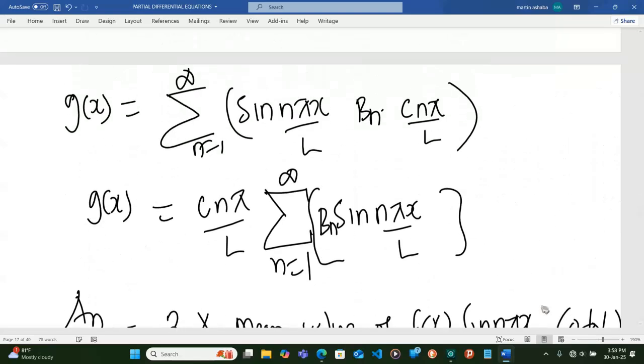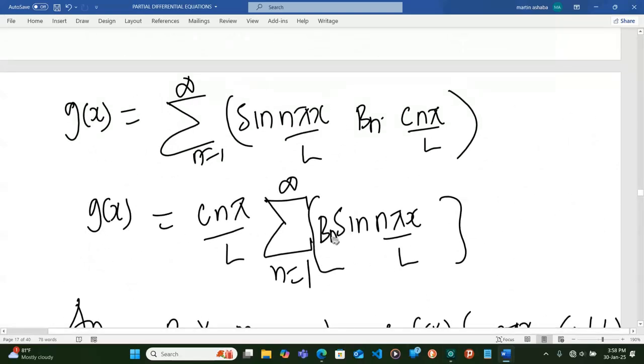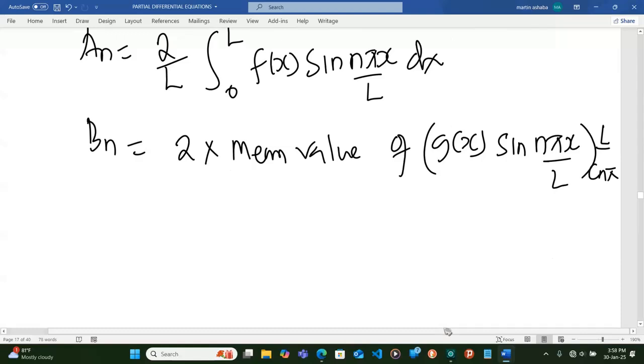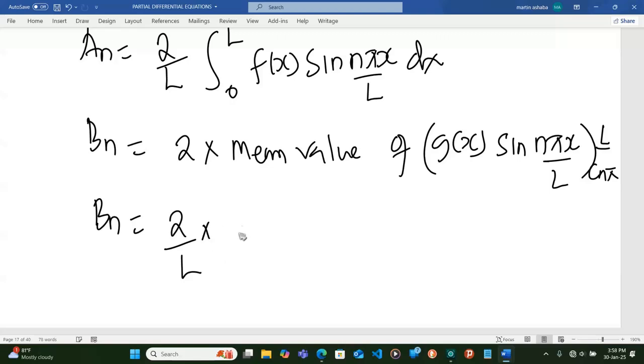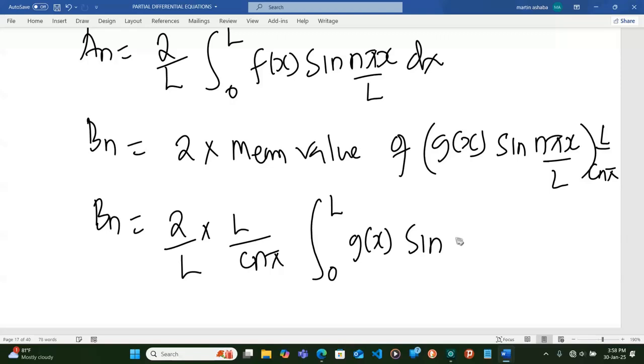So we are just going to make Bn the subject. This goes to the other side. We multiply by g of x, and this L will multiply here and C n pi goes down. So Bn is going to be 2 out of L times L out of C n pi, then from 0 to L of g of x sine n pi x out of L dx.